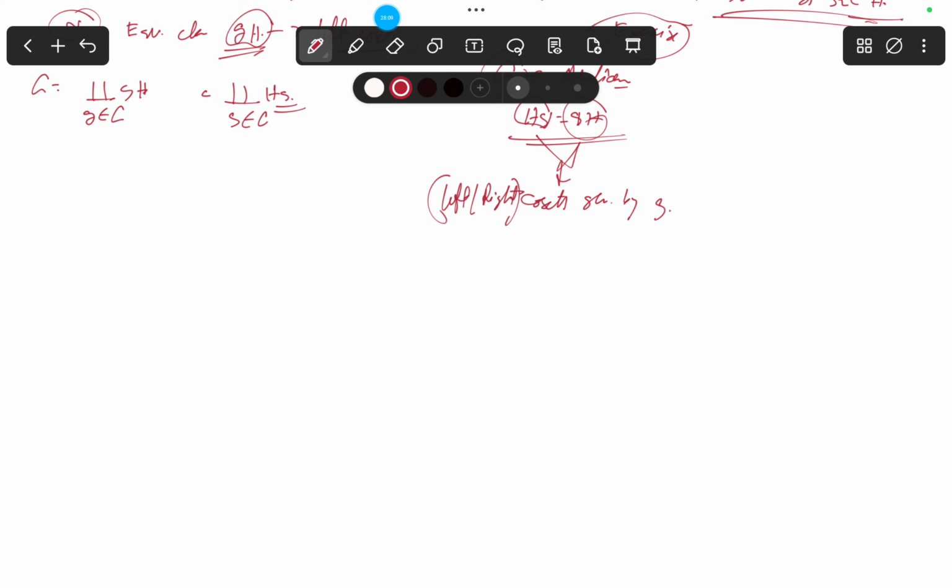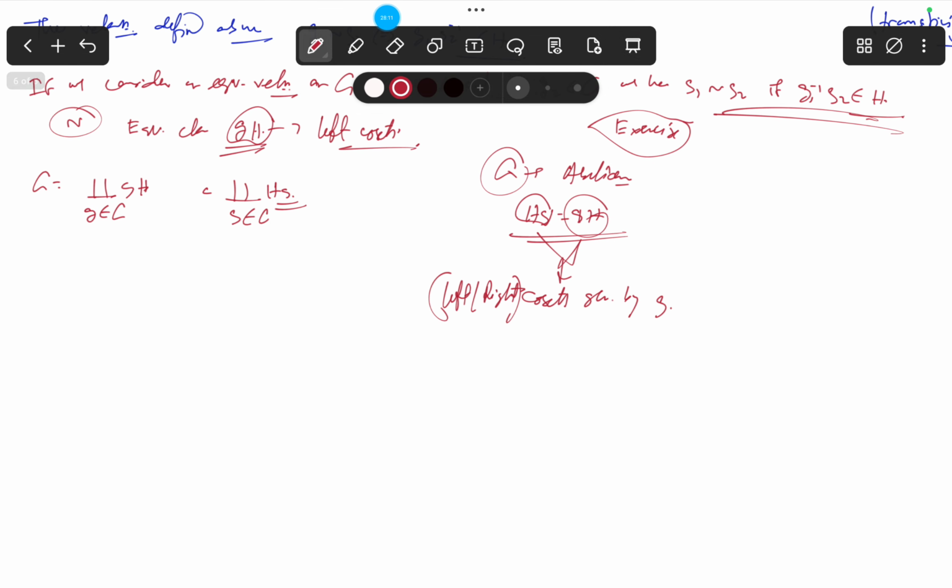So that means we can make the partition for G in this way. Then the cardinality of G is basically the summation over small g in capital G of the cardinality of gH, or the summation over small g in capital G of the cardinality of Hg, the cardinality of each of the equivalence classes, right?